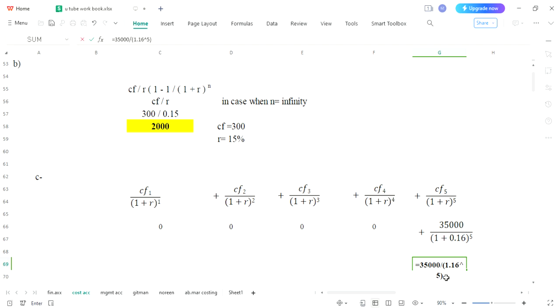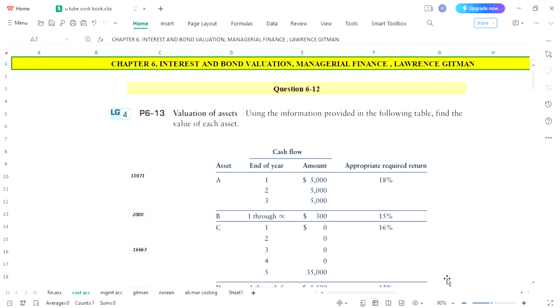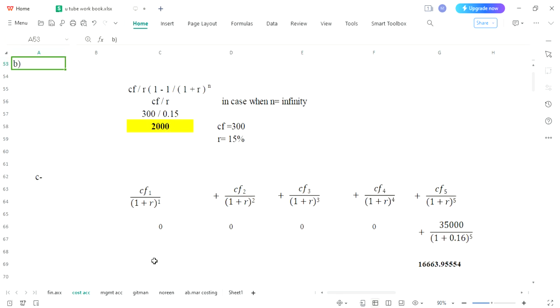We have got our final answer, and that is 1,663. Let's get back to the question, and C part has the answer 1,663 mentioned. It means our three parts are completed. Let's mark it as done.